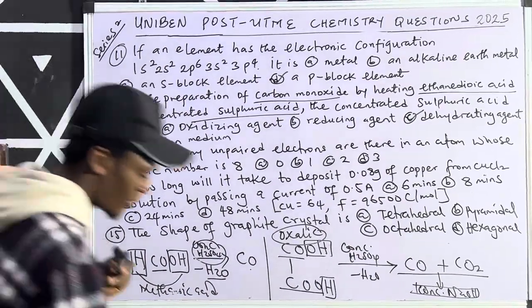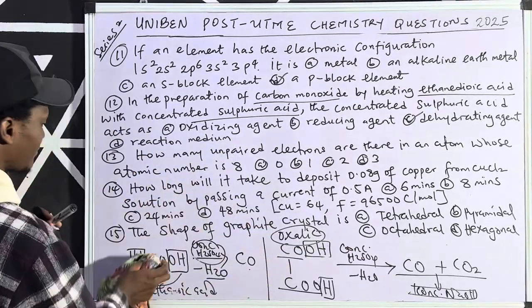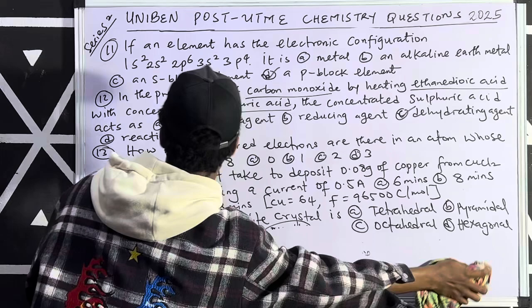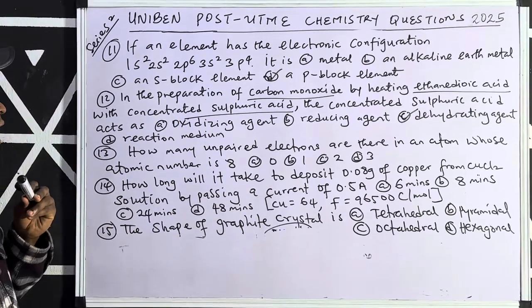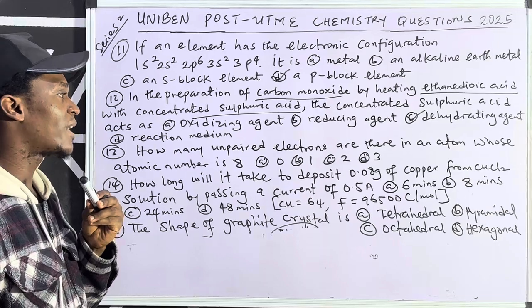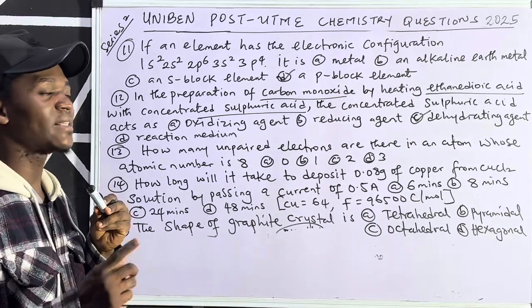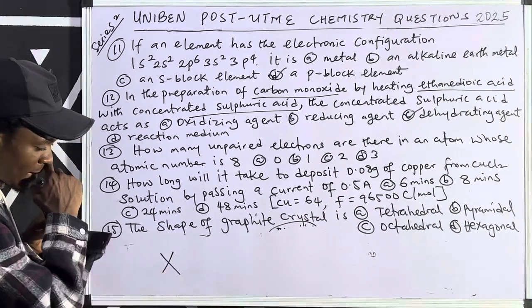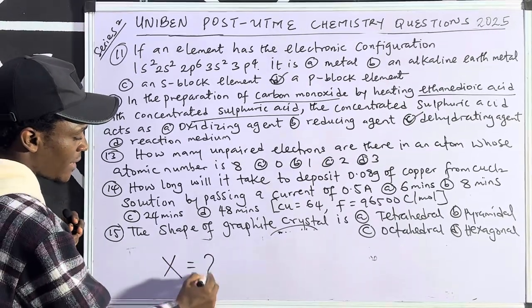So let's see question 13. In question 13, we were asked how many unpaired electrons are there in an atom whose atomic number is 8? Let's say we are told that the atom is atom X. Now the atom X has an atomic number 8.